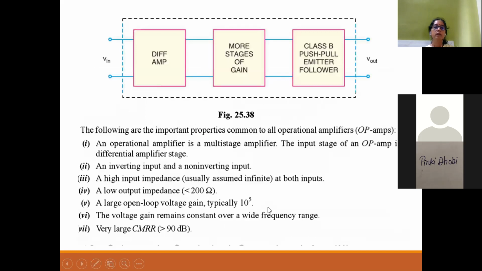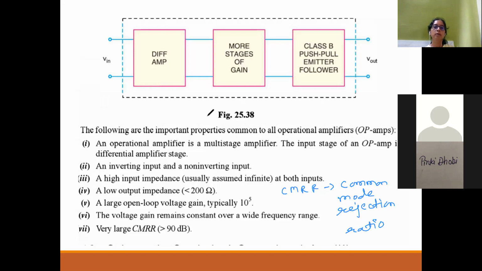Okay. Very large CMRR, common mode rejection ratio. What is CMRR? Common mode rejection ratio. Okay.